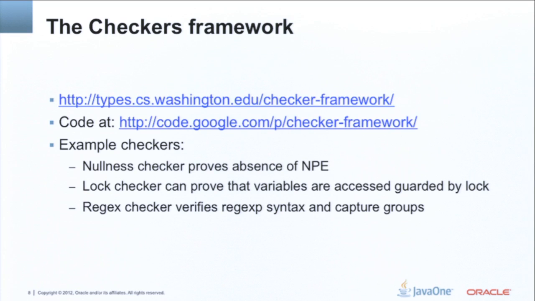And also there's the regex type system that can prove that a regular expression is well formed, and also that you don't use capture groups that you haven't introduced. So this will give you the property to verify the absence of a class of common errors that you could otherwise have.